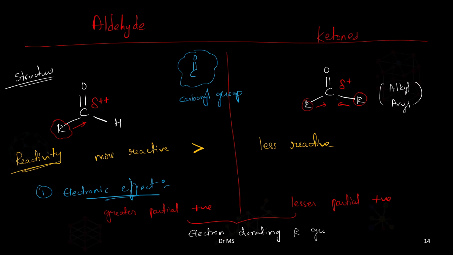Whatever these R groups are there, they are donating the electrons to this carbonyl carbon. Because of that, the positive charge is decreasing. In aldehydes, only one electron donating R is present, so the effect is very less compared to the ketones. Is that clear? This effect, we call it the inductive effect. Just know this inductive effect. If you forget everything else, just know inductive effect.